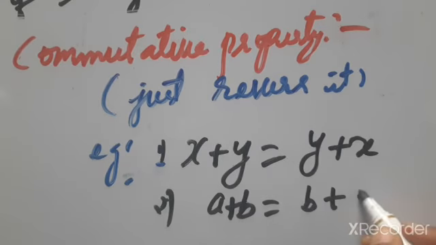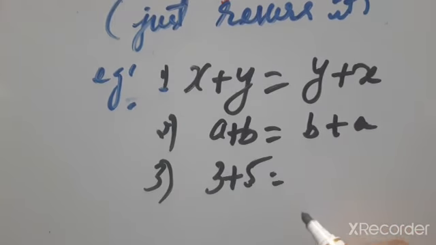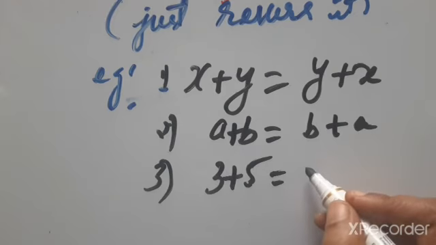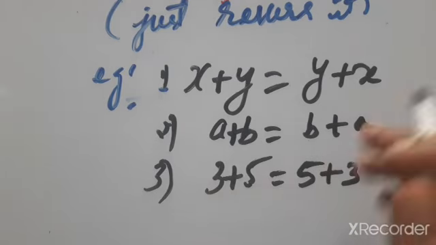Yes, reverse it: b plus a. So a plus b equals b plus a. Then one more example: 3 plus 5 equals what? 5 plus 3. Yes, correct. This is a number, and this is a variable.